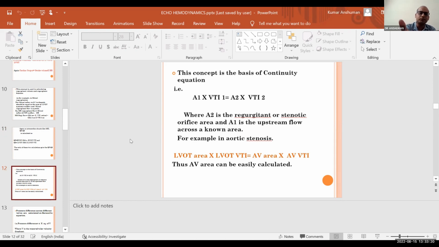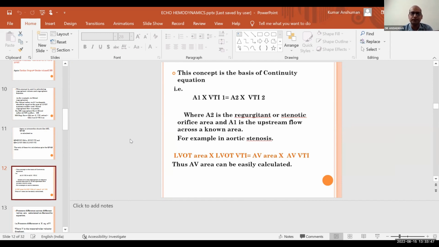So if you consider it as a continuity tube, the area and VTI of one part will be equal to the area and VTI of the second part. Suppose A1 is the LVOT area and VTI of the LVOT, and A2 is the aortic valve area and VTI of the aortic valve. So if any three of the four are known, we can calculate the fourth one.